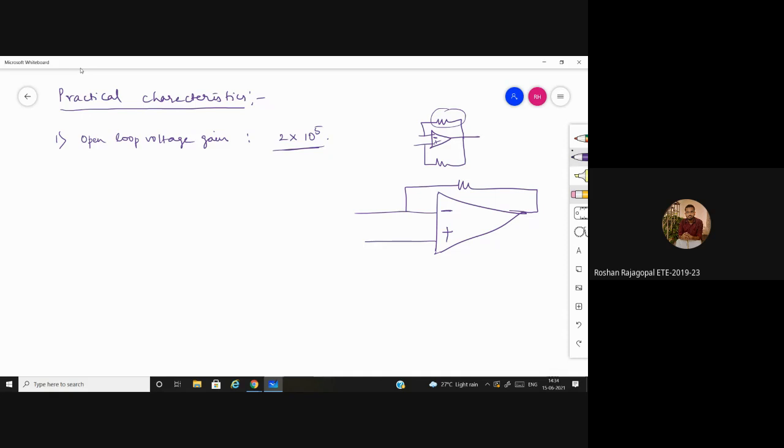It won't flow. Oh, okay, you ground the positive terminal. Or you can give any input. You can give here also, but still you connect it here.